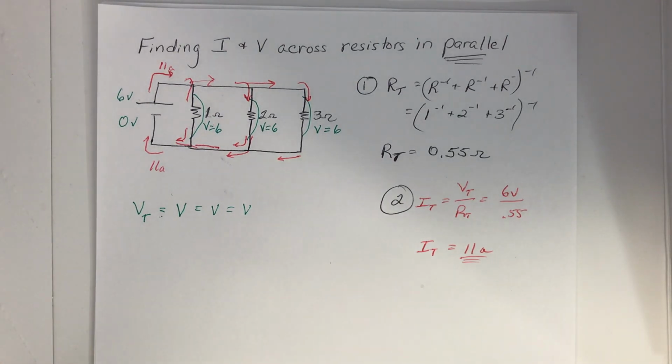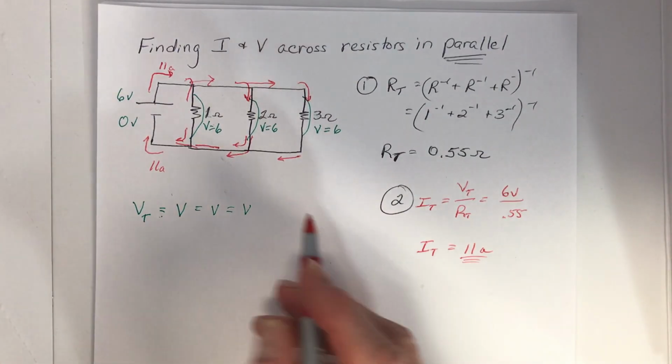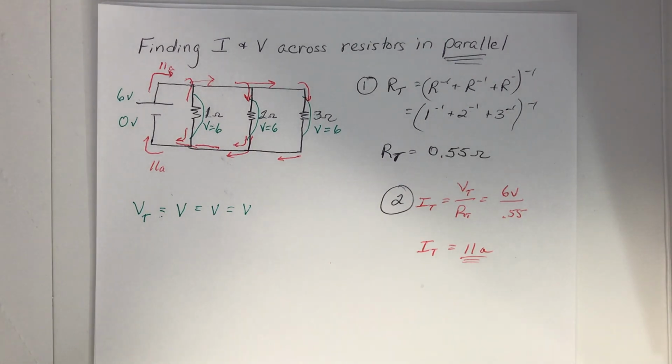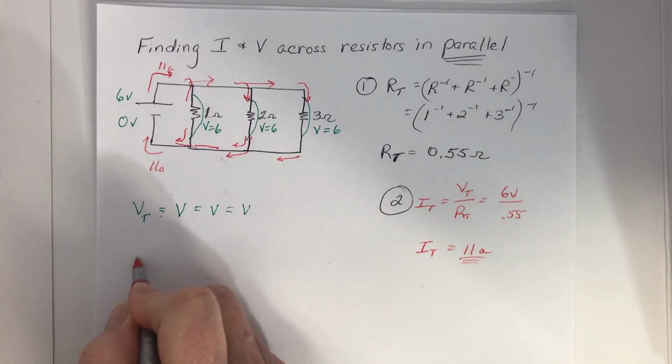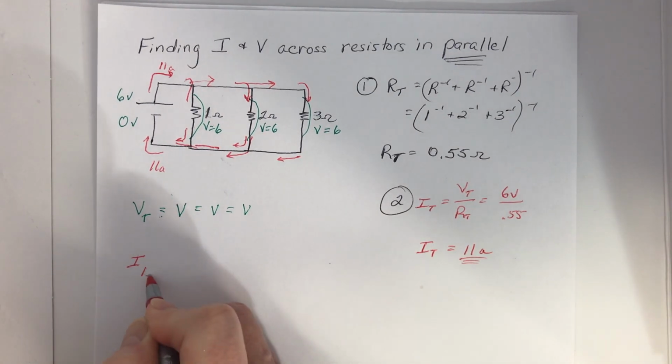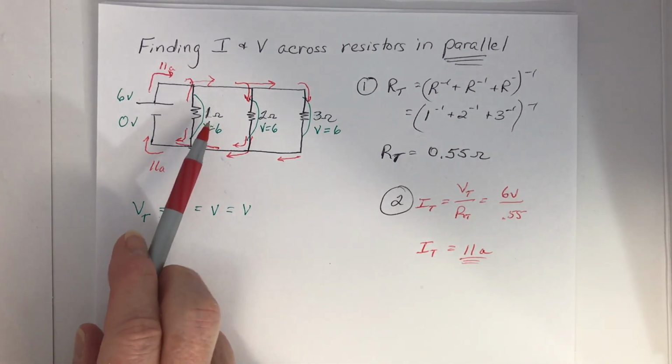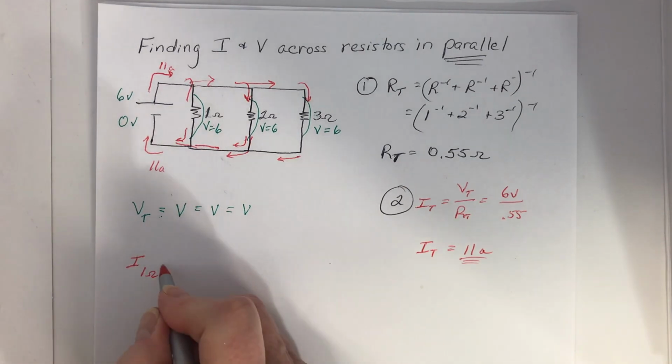All right, now I want to find current. So I'm going to use Ohm's law again, but I'm going to use it just around these individual ones. So I want to know the current for the 1 ohm resistor, or this one right here. Don't I know its V and R?